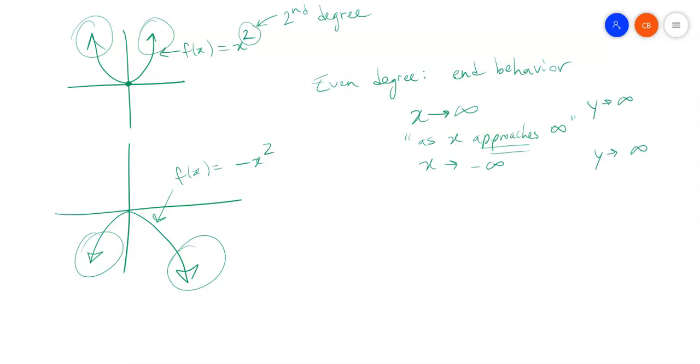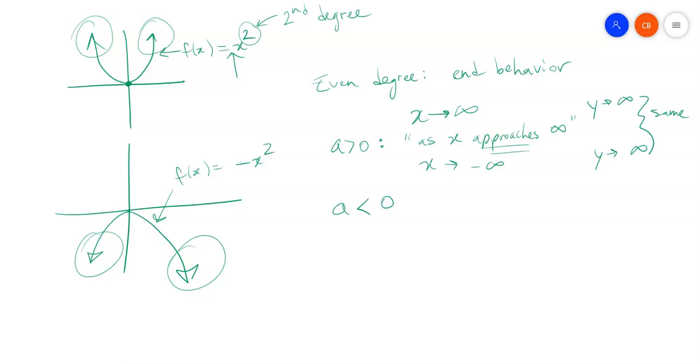This will be the case whenever the coefficient for x squared, let's call it a, is positive. Then both of the arrows will be doing the same thing. The y value will be going towards positive infinity on both sides, or else it can be going towards negative infinity if the coefficient in the front is less than 0.